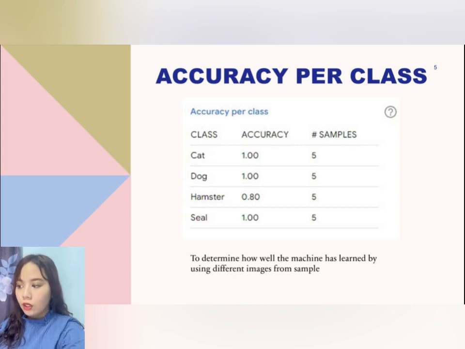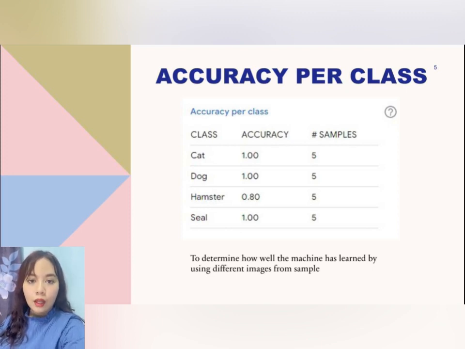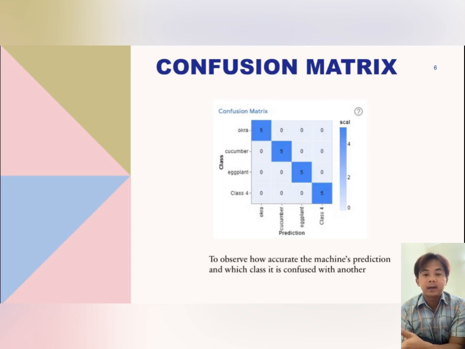As you can see here, the cat, dog, and seal have a perfect accuracy of 1, and the hamster is 0.8. For my part, I want to talk about the confusion matrix, and also the graphs for accuracy per epoch and loss per epoch.